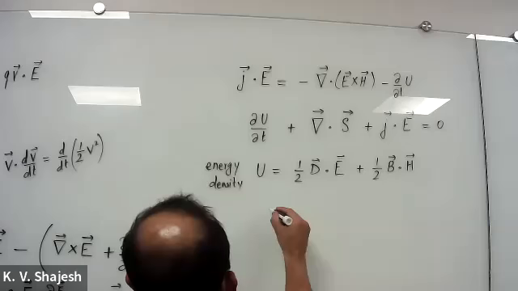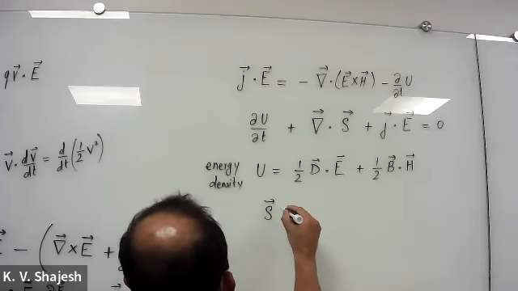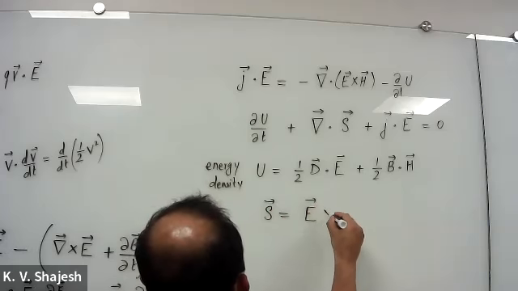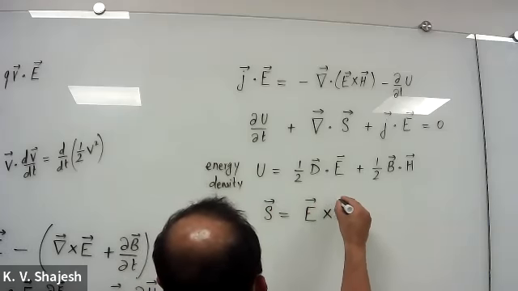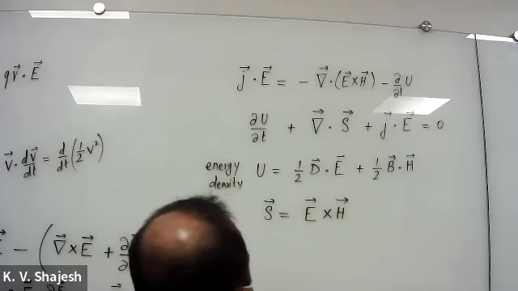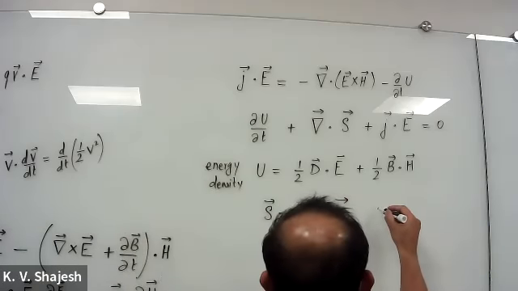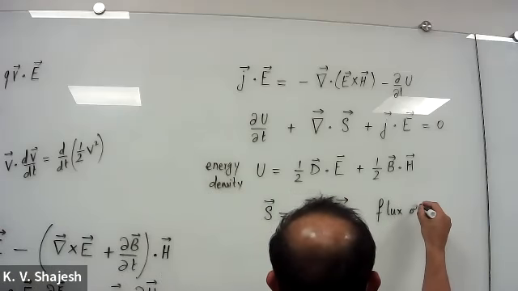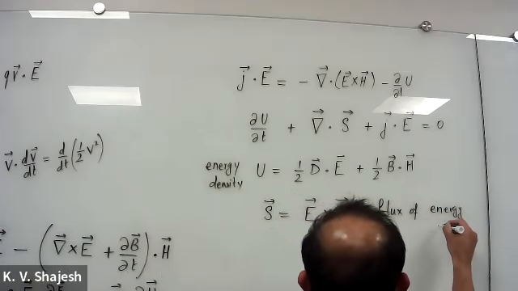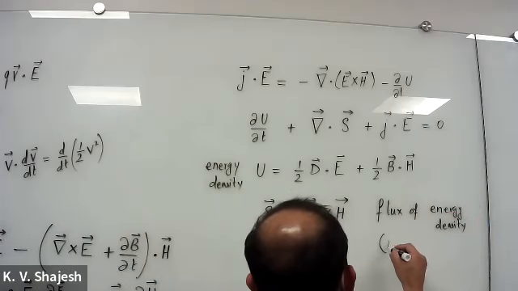S is going to be E crossed with H. And this is the flux of energy density, which is also the Poynting vector.